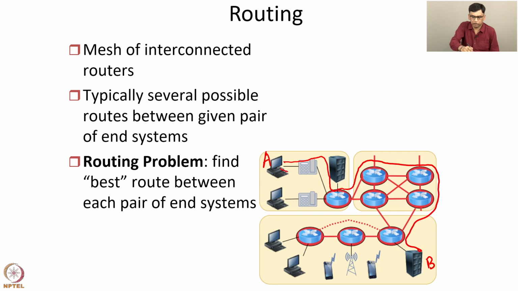Another route is this. So on and so forth. So we can see that even in this small network, there are many routes from A to B. The routing problem is to find the best route between each pair of end systems. What do we mean by the best route? We'll define that later on.